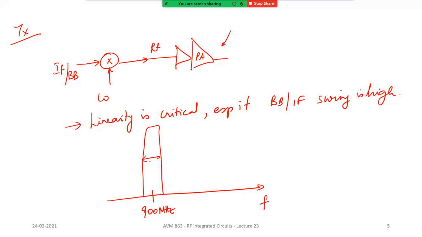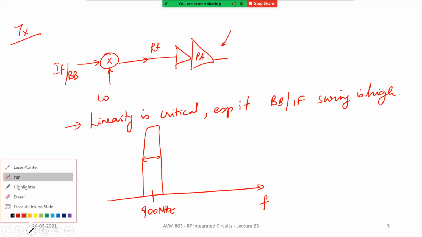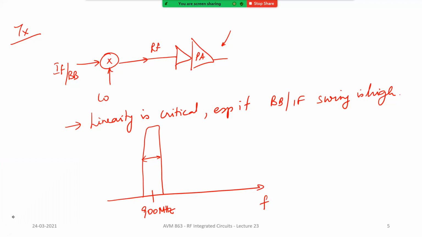Now, in the real case, when we talk about power amplifiers next, we will deal with all those things in greater detail. But what will happen is there will be some kind of a skirt around it, and the power at far out frequencies will not completely go down to zero. It will come down to some noise level.